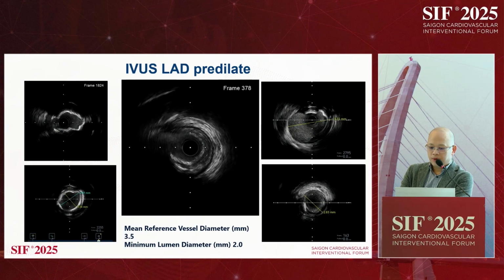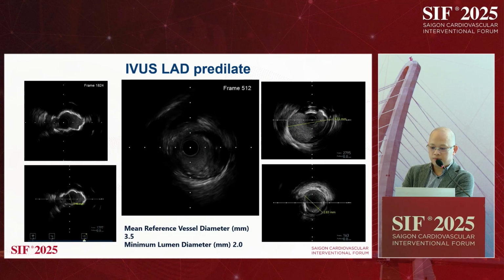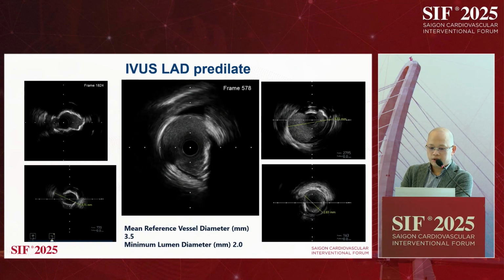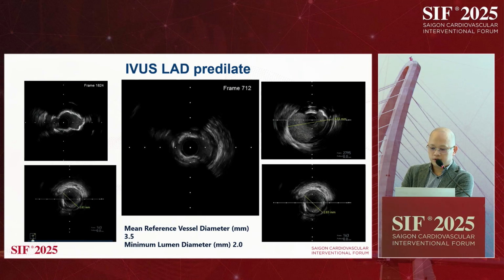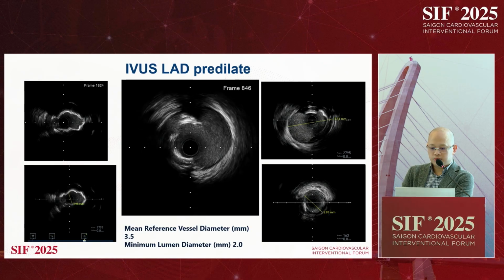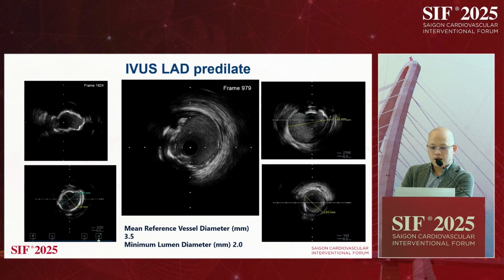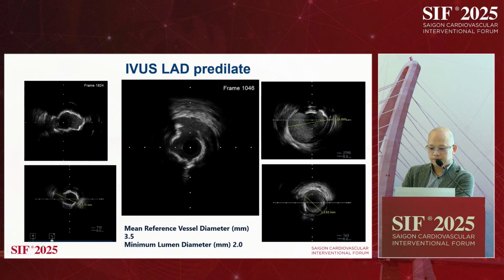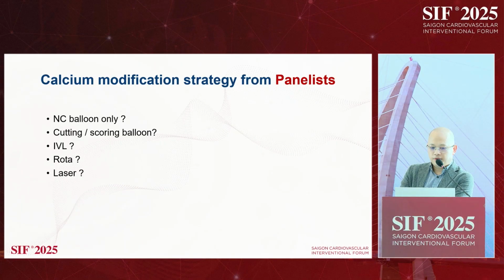We had mixed plaque and calcification, which runs along from the mid part to the proximal of the LAD, and we have very severe calcification, with the calcium arc from 20 to 270 degrees, and at some points it wraps around like 360 degrees. And then this is the IVUS.